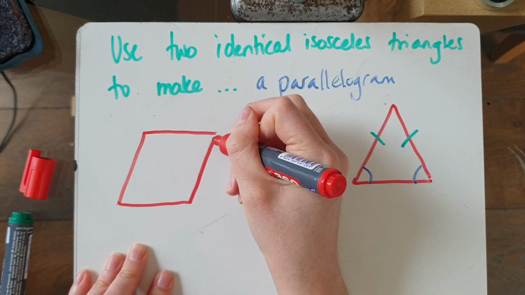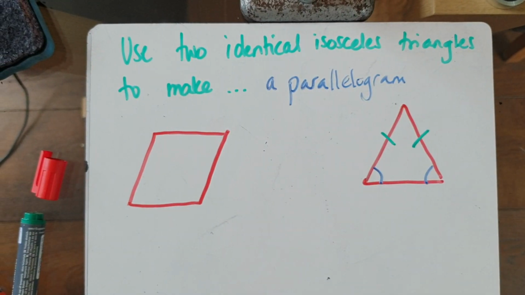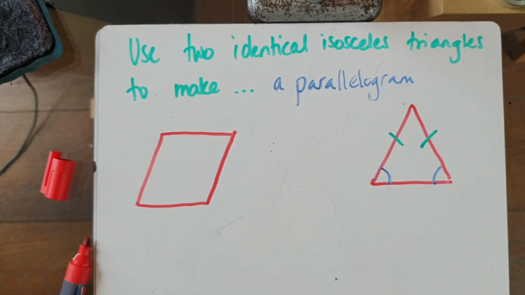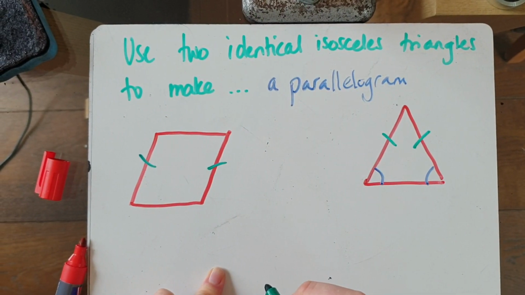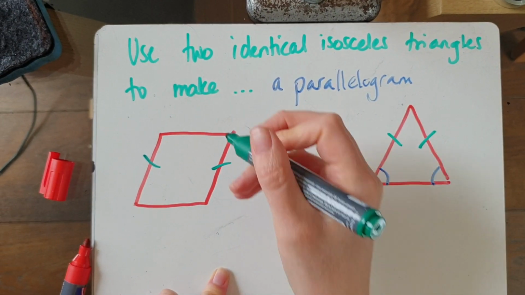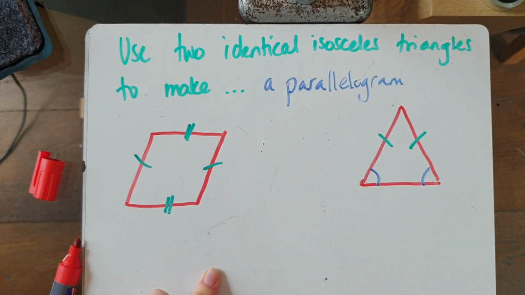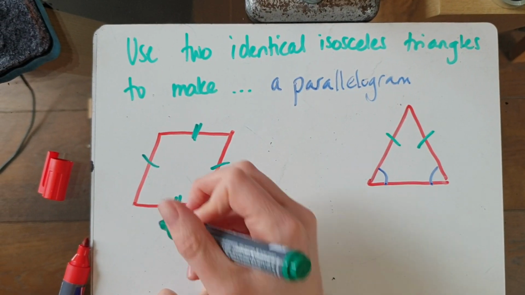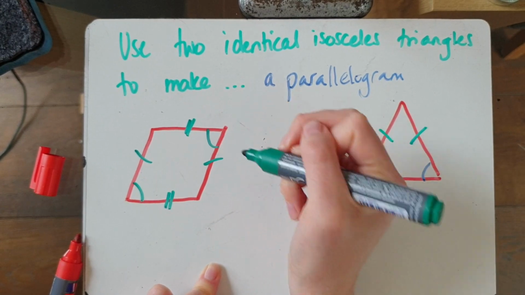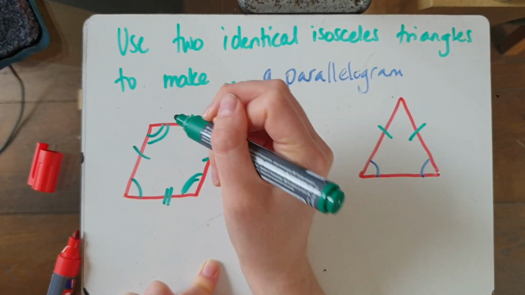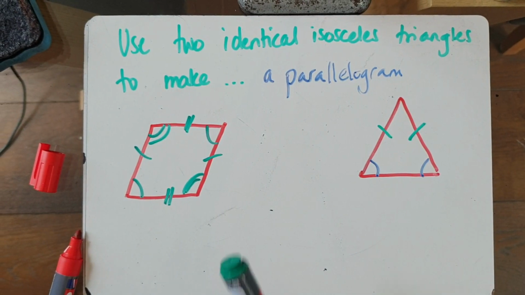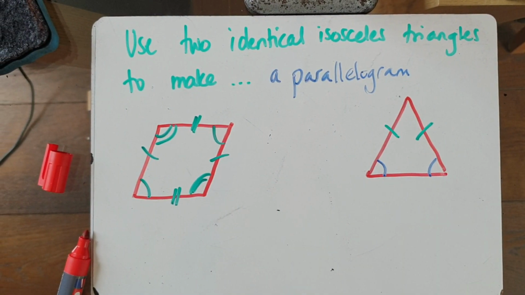So, like that. So parallelogram. And what we need is, we need this side and this side to be equal. We need this side and this side to be equal. We need this angle to match this angle. And we need this angle to match this angle. So how could I make one of these out of this?